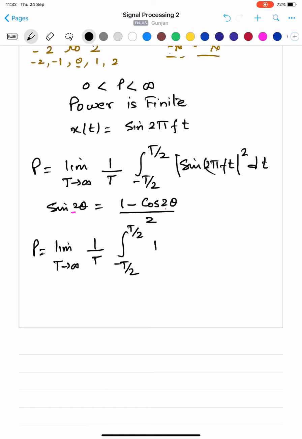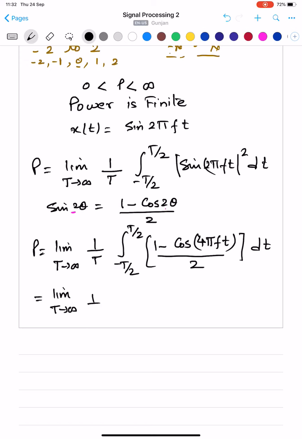Then it will be (1 minus cos 2 theta), so theta is your 2 pi f t, so it will be 4 pi f t, divided by 2, dt.